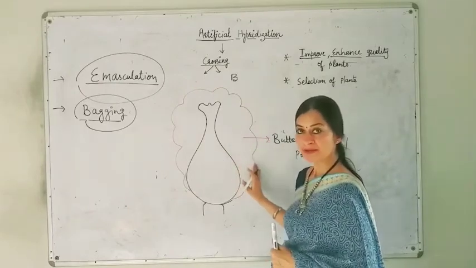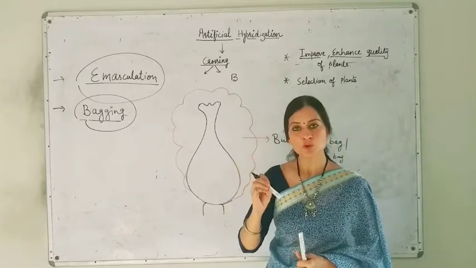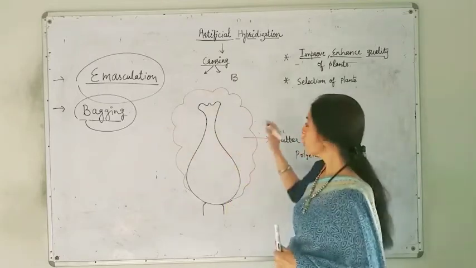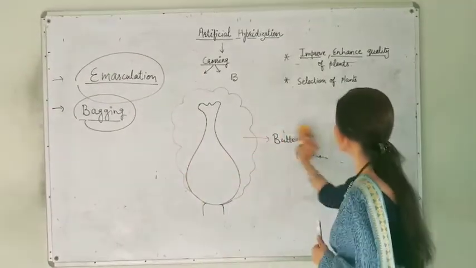that is growing nearby. So to prevent natural cross pollination, we have to cover this structure so that undesired pollen cannot reach it.